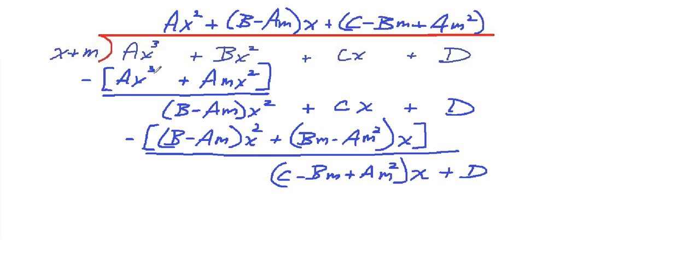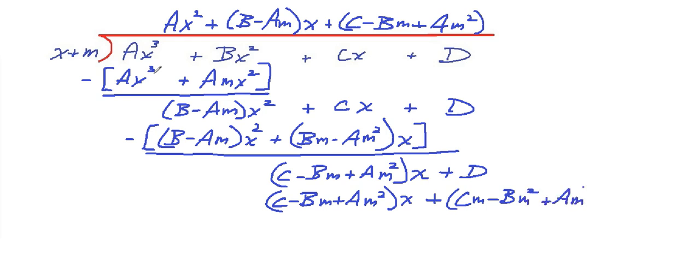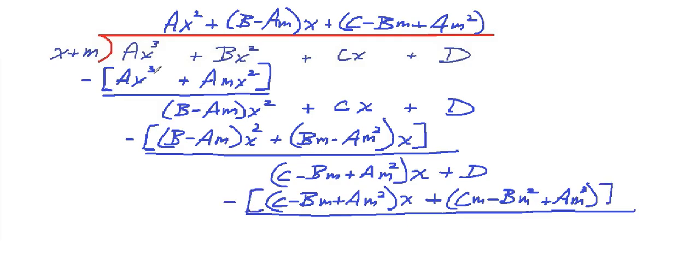We do the multiplication, and we get this. We do our subtraction. This all goes away.